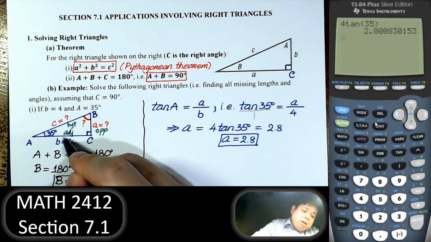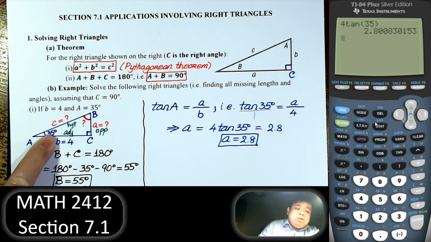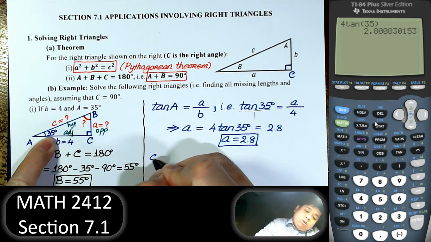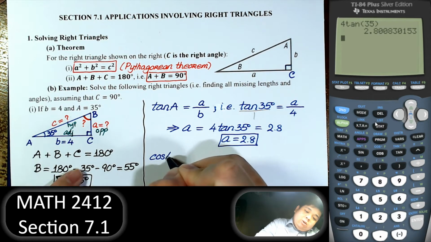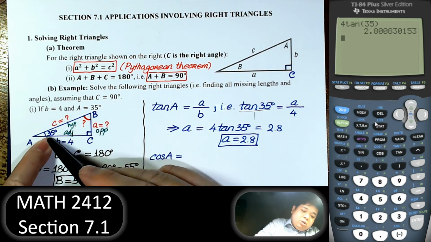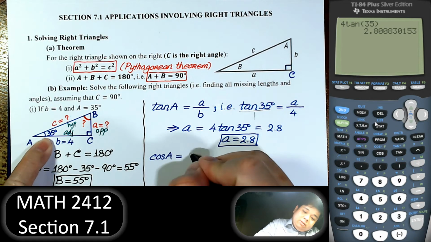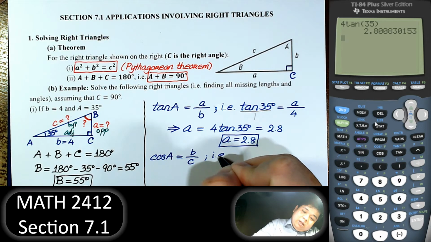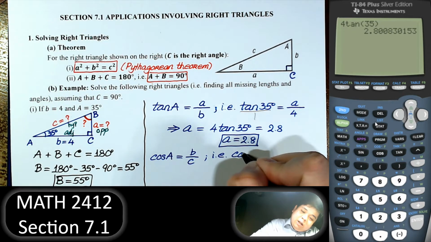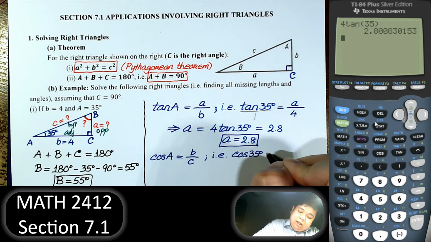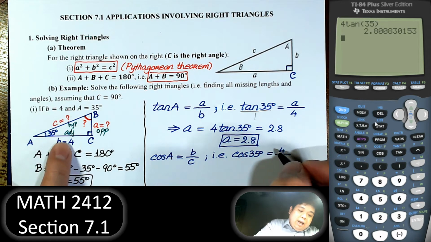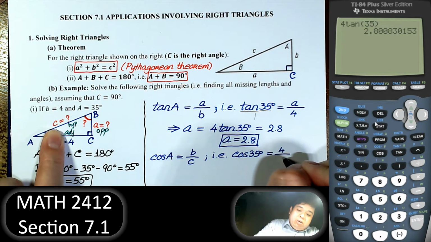So we still use b and 35 degrees. With respect to 35 degrees, we have the adjacent and the hypotenuse, so that will be cosine. Cosine of that angle is adjacent over hypotenuse c, which means cosine of 35 degrees is equal to b, which is 4, over the hypotenuse, which we don't know.